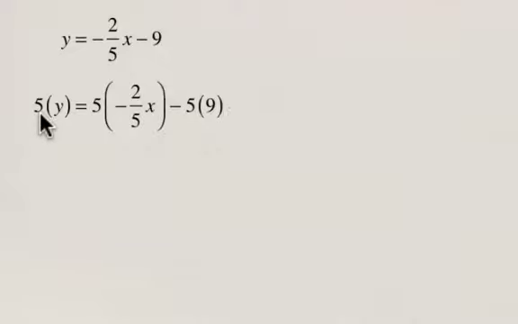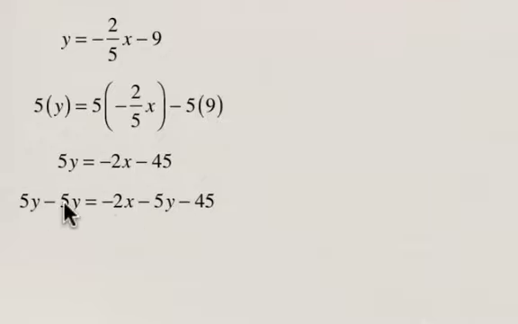When we simplify, 5 times y is just 5y. The 5's cancel out, and we're left with -2x. And then minus 5 times 9 is 45. So that's our next line. The next thing we have to do is subtract the 5y from both sides, to get all the terms on one side of the equation.